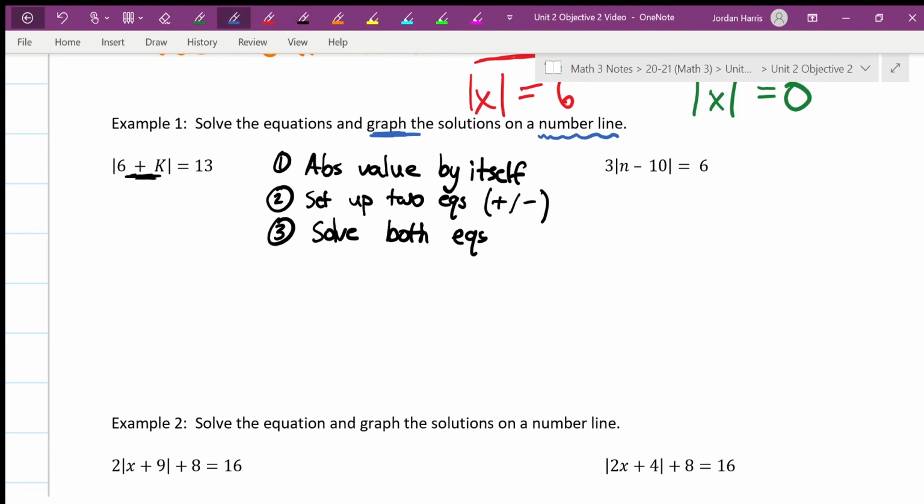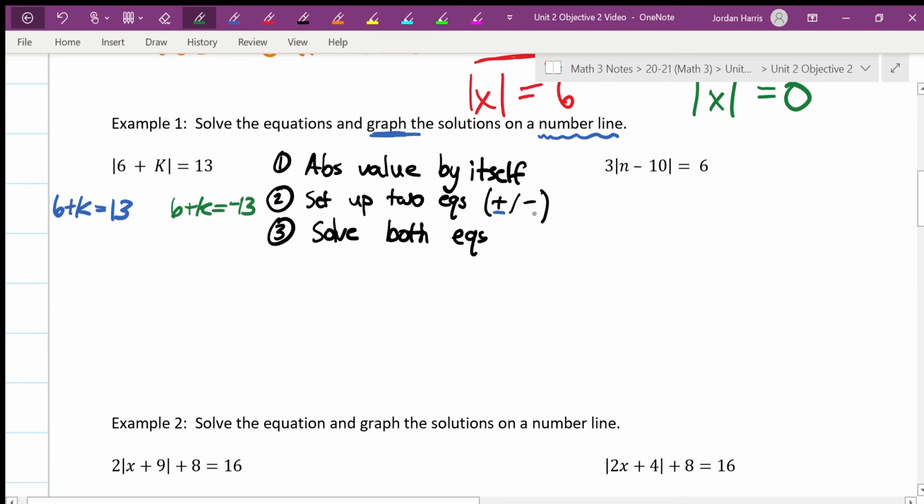Okay, so first step, get the absolute value by itself. That one's already done. It is by itself in this question, right? The thing between the absolute value bars is the only thing on the left side of the equation. Next, set up my 2 equations. So I have 6 plus k equals positive 13, and 6 plus k equals negative 13.